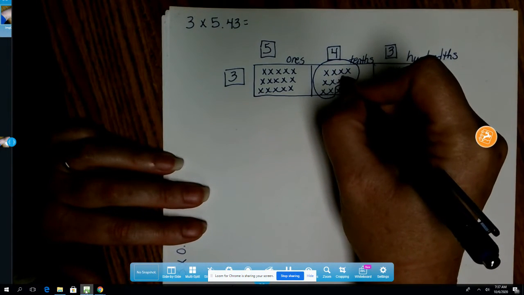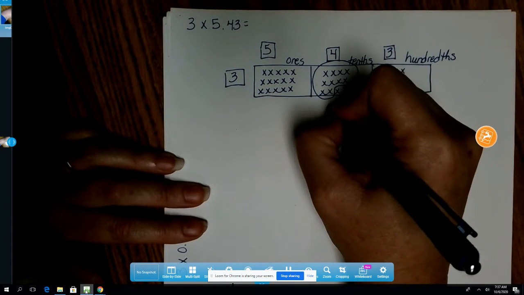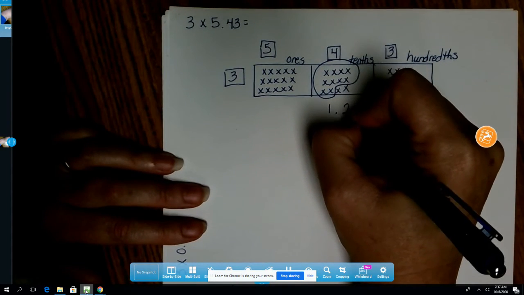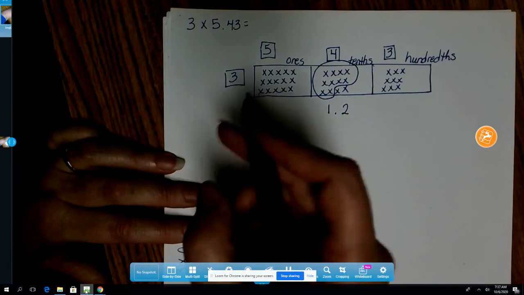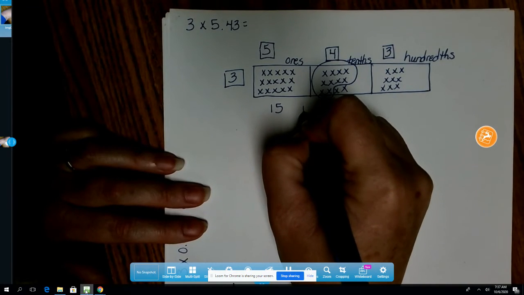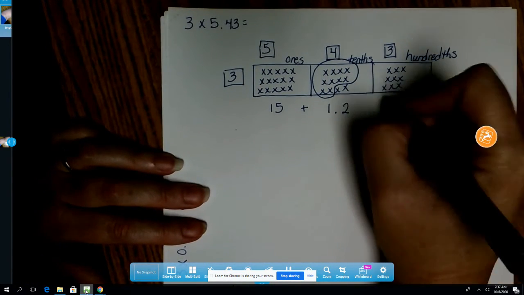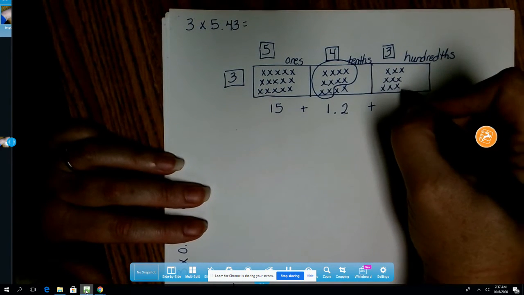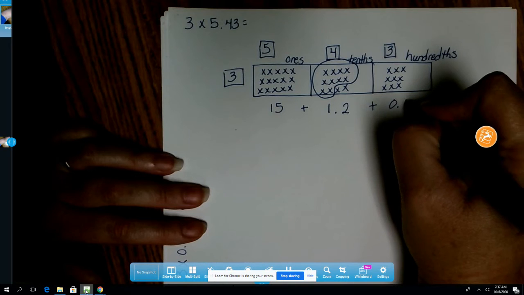But this tells us that we now have 10 tenths, which is 1 whole, and 2/10 left over. We have 15 ones, and we're going to add that 1 and 2/10 to that. And then we also have 9 hundredths. So I need to write this as 9 hundredths.